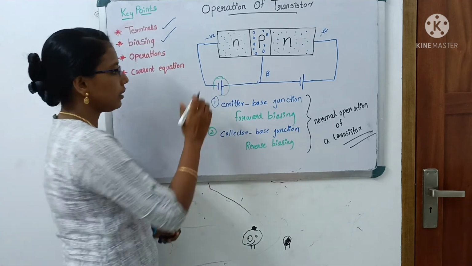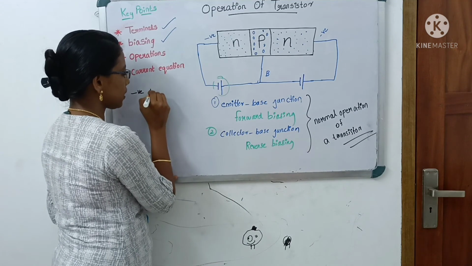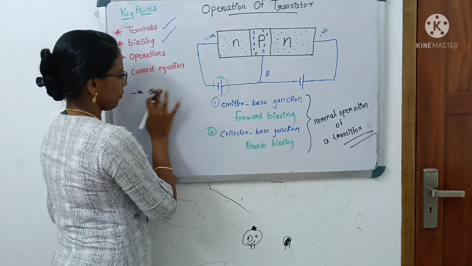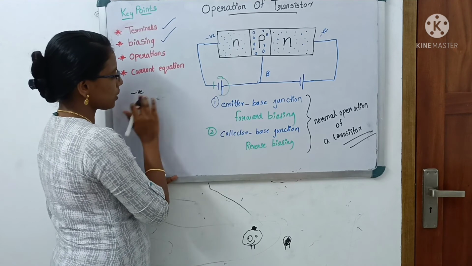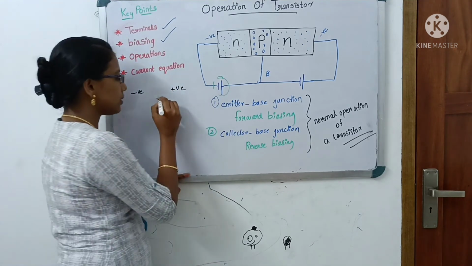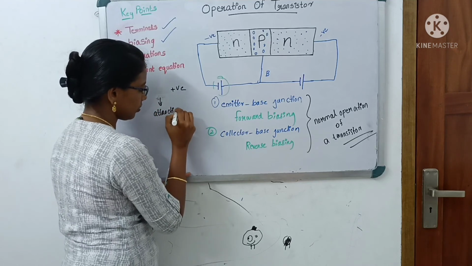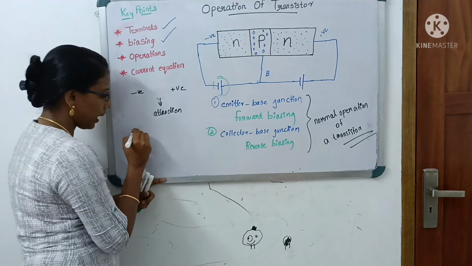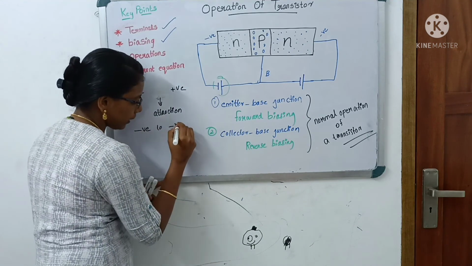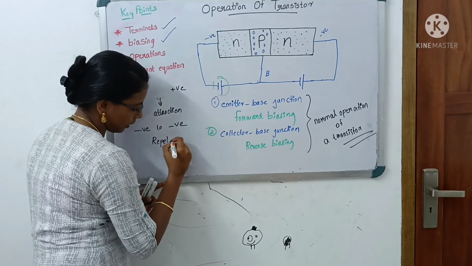Then we move on to what happens when negative and positive charges come together. There is an attraction. Then what happens when negative meets negative? They repel each other, isn't it?